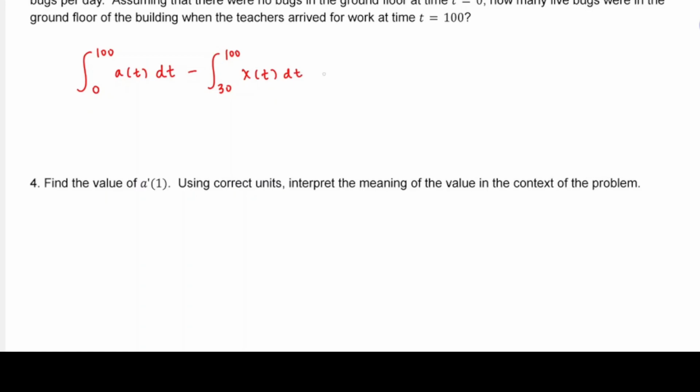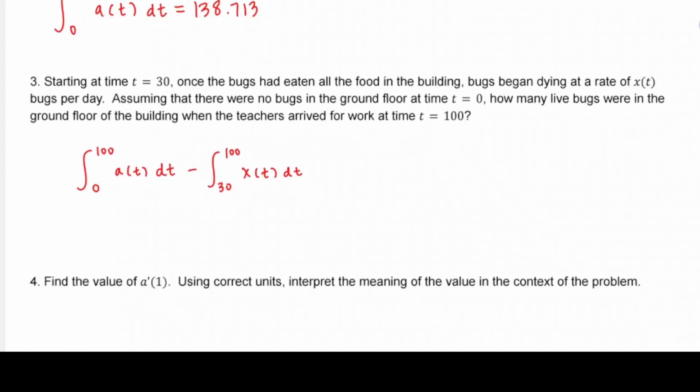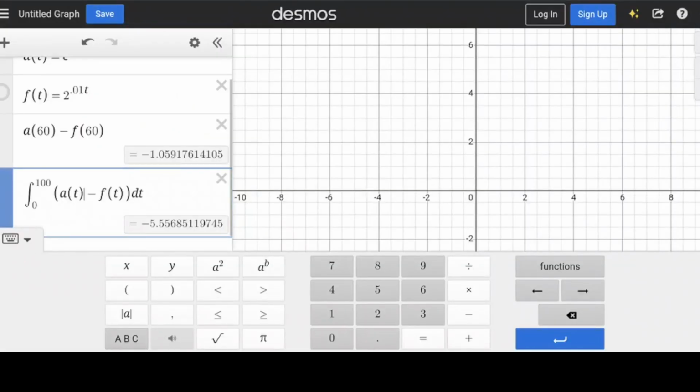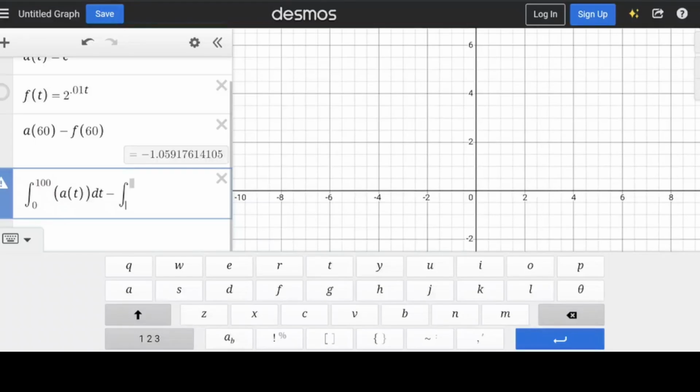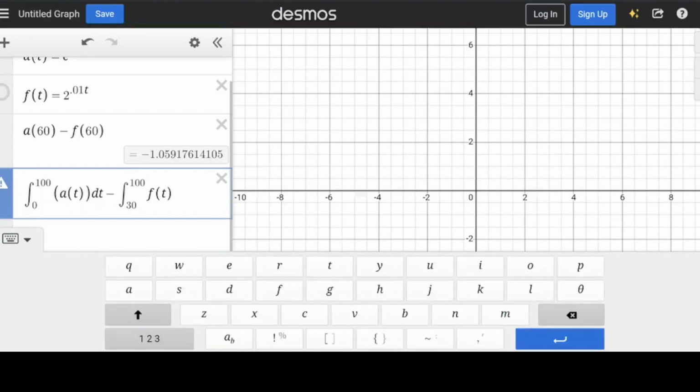I could just go ahead and use that 138.713, or I could just go over here and adjust this minus the integral from 30 up to 100 of f of t dt. And then that's where we would get 27.790 bugs.